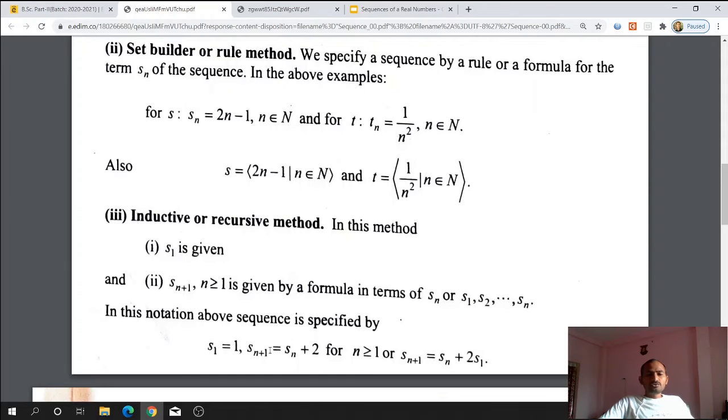In this notation, the above sequence is specified by S1 is equal to 1, Sn plus 1 is equal to Sn plus 2 for n greater than or equal to 1. Or we can write this Sn plus 1 as Sn plus 2 times S1.